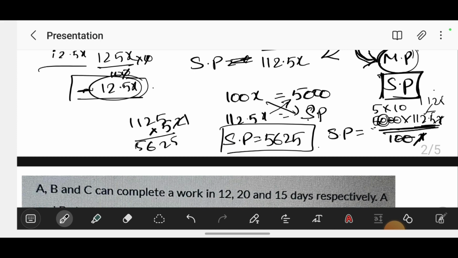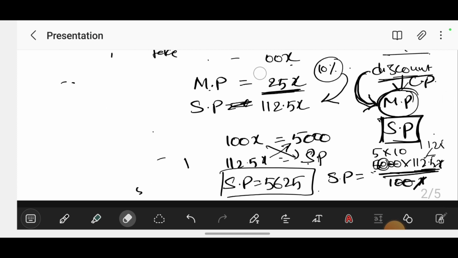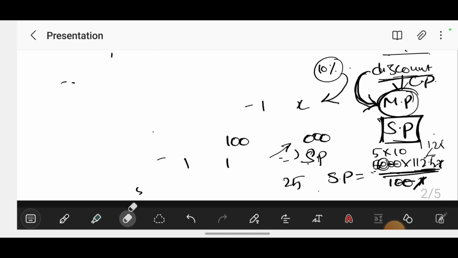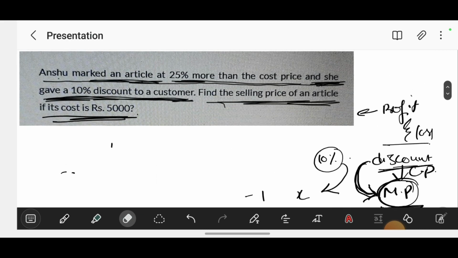Okay, I will say it to you again in an easy manner. Again please listen, guys. Here he is saying Anshu marked an article at 25% more than the cost price. Let us take cost price as 100x, then the marked price becomes 125x because this is 25% more.